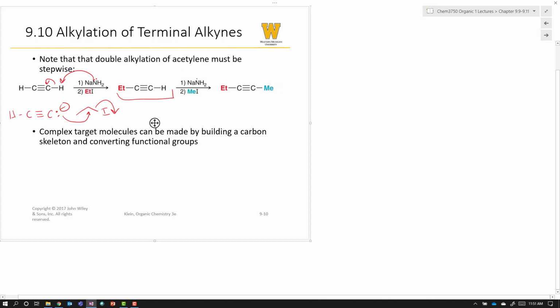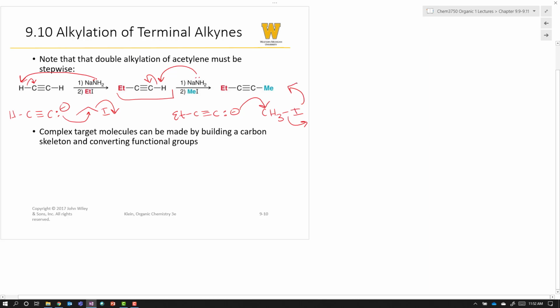And then you do it all over again. So technically it was this hydrogen that was lost. And then again, remove this hydrogen and you abstract that proton, and you form the alkynide ion again, and you have methyl iodide this time that you can attack and form this final product.